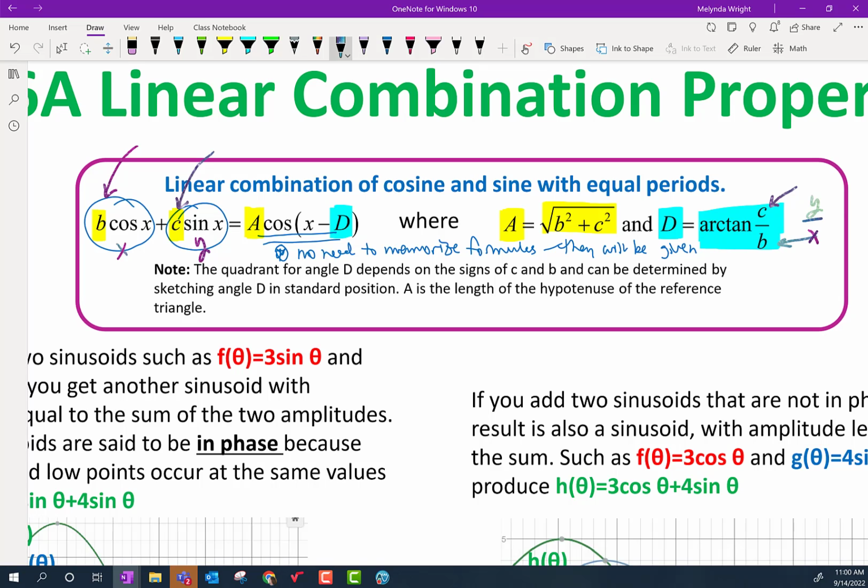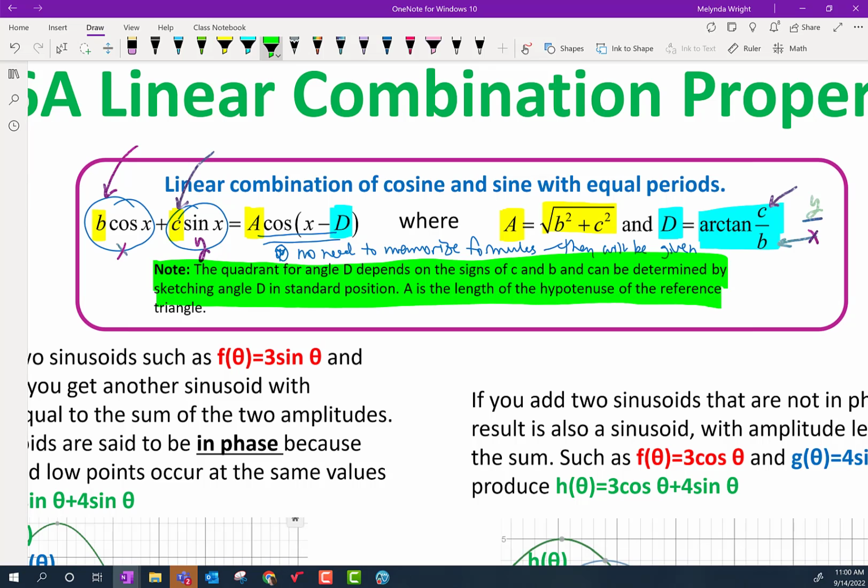Now here is the note that is really critical. I wrote a whole note about it because when students make mistakes, it's typically because of the angle. The quadrant for angle d depends on the signs of c and b. That is critical.